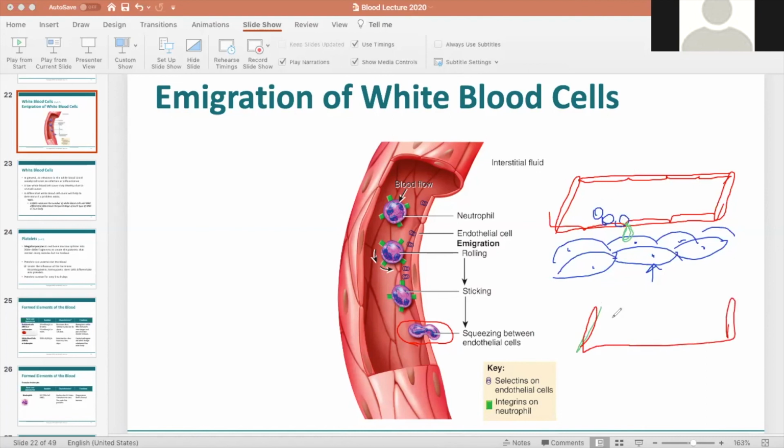And this process, rolling along the base of the capillary there, is going to be margination. So let's think about that here. This process here, when it's leaving, is called diapedesis.